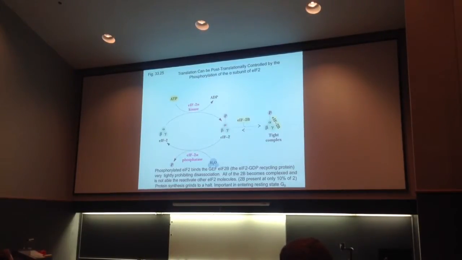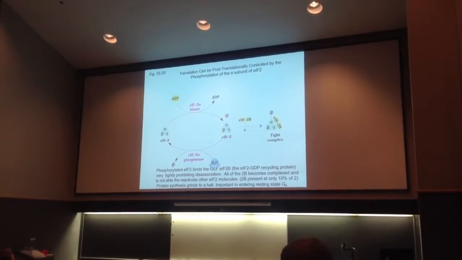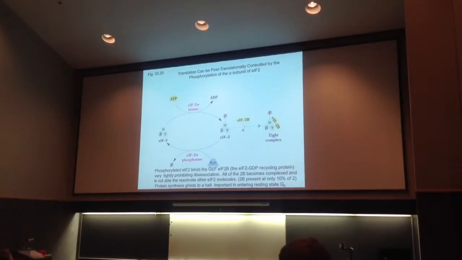All this slide shows you is that the reason this kinase actually stops protein synthesis is that when EIF2 is phosphorylated, it binds to another protein called EIF2B. It forms this complex, and this complex essentially takes the phosphorylated EIF2 and pulls it out of action.